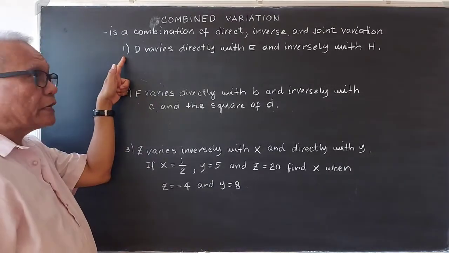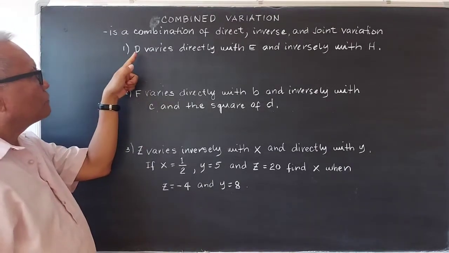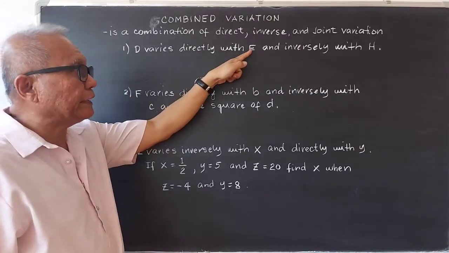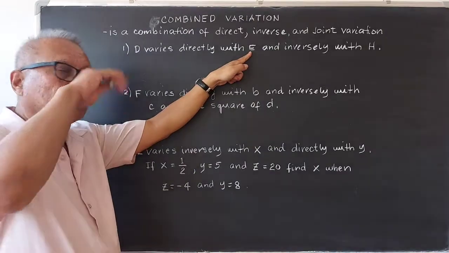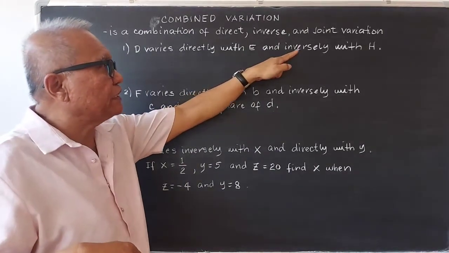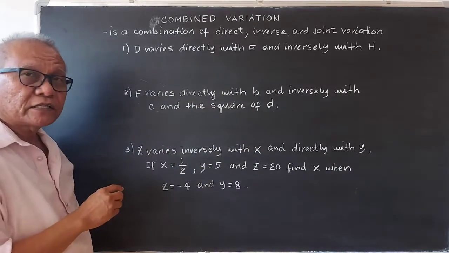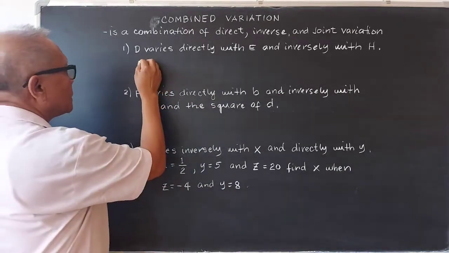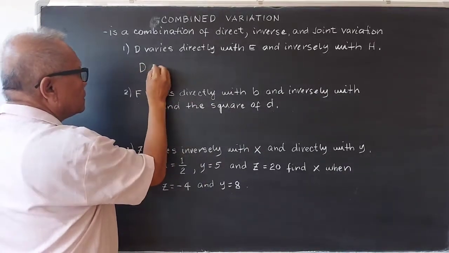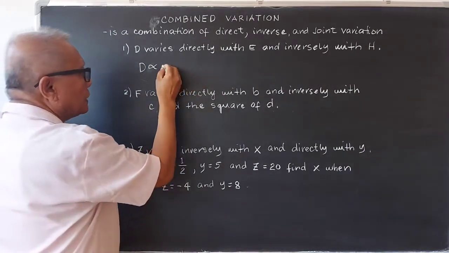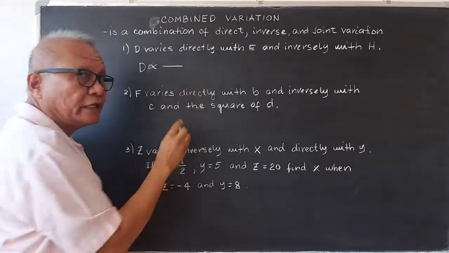Okay, let's have number one example. We have D varies directly with E and inversely with H. So let us write that one in a symbol. D varies directly, so we put this one here.